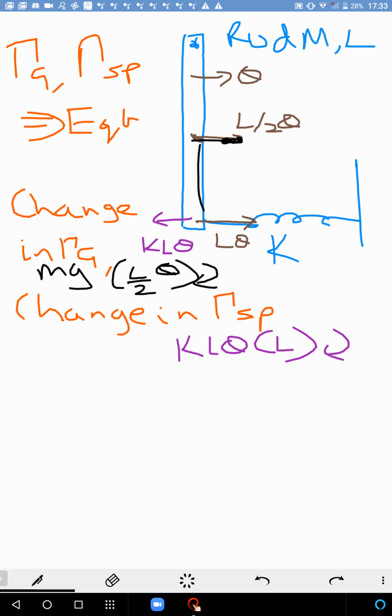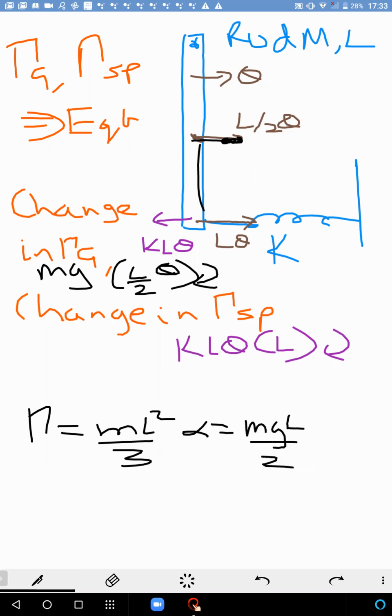So just to now wrap this up, torque is ml square by 3 alpha, and then torque is mg L/2 theta plus kl square theta. Okay, so take whatever remains to the other side, then that becomes omega square.